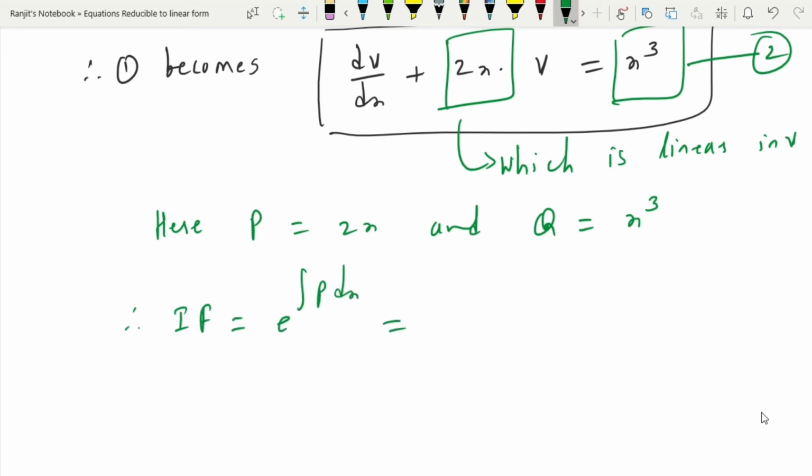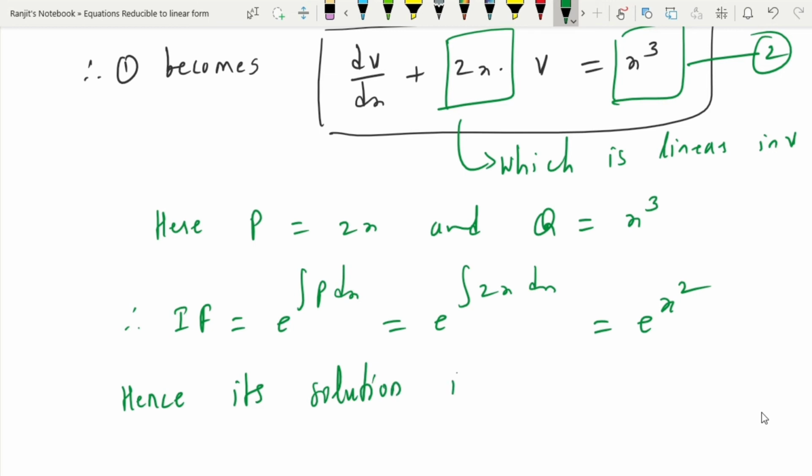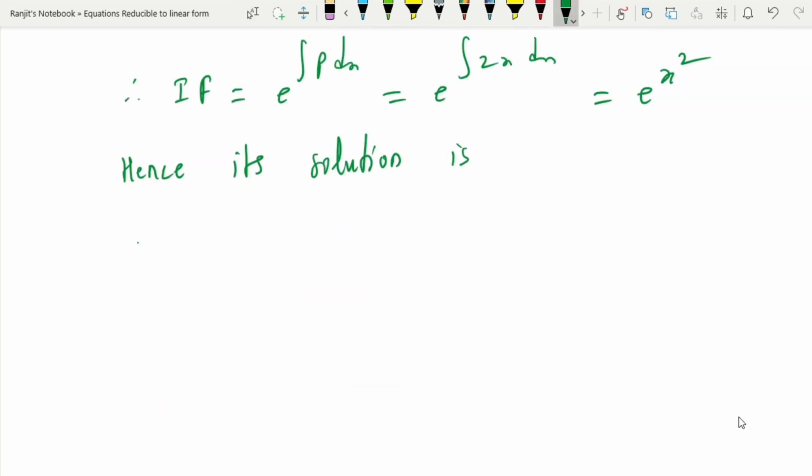Therefore the integrating factor, IF, is equal to e to the power integration of p dx, which is e to the power integration of 2x dx. Integration of 2x is 2x square by 2, the 2 gets cancelled, so the answer is e to the power x square. Hence the general solution is v times IF is equal to integration of q times IF dx plus c.